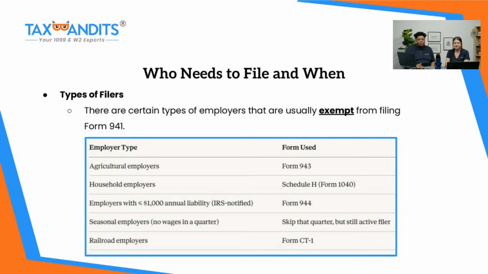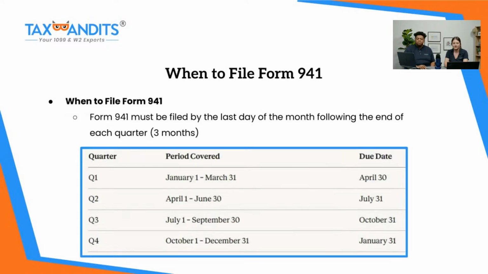If you're an employer with less than $1,000 in your annual tax liability, then the IRS will most likely have you file a 944 instead of the 941. And if you ever acquire a larger tax liability in the future, then you might be able to file the 941 for future quarters. Very good.